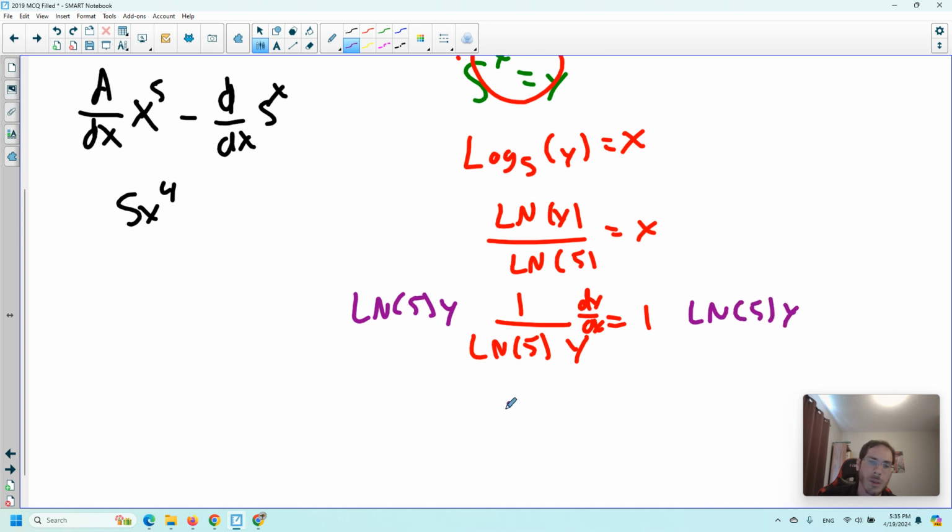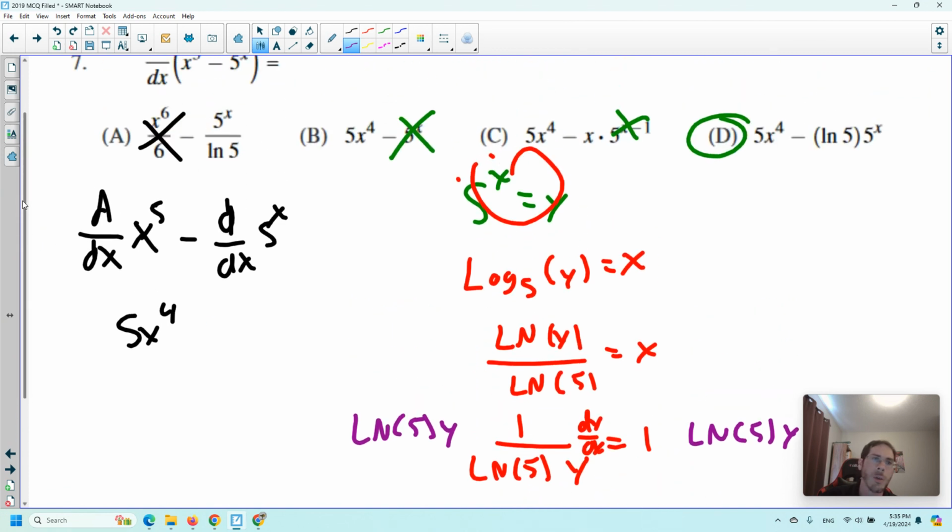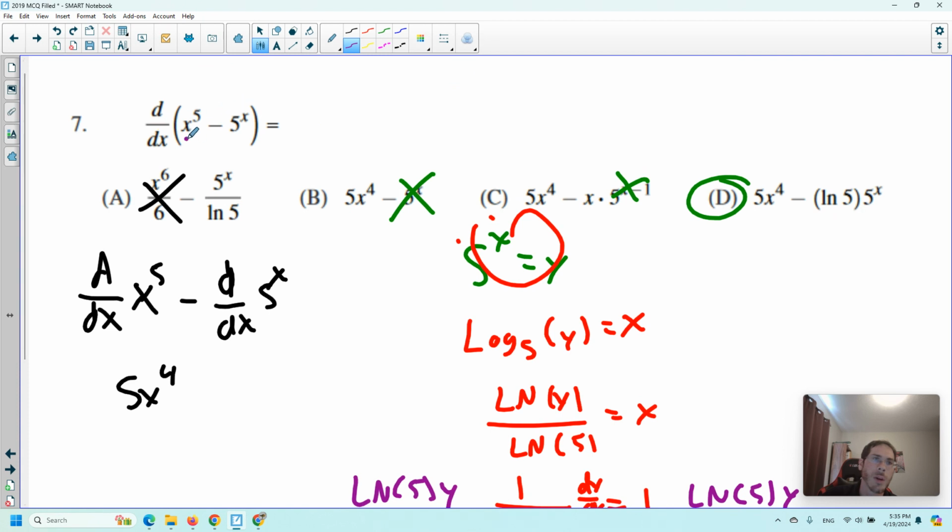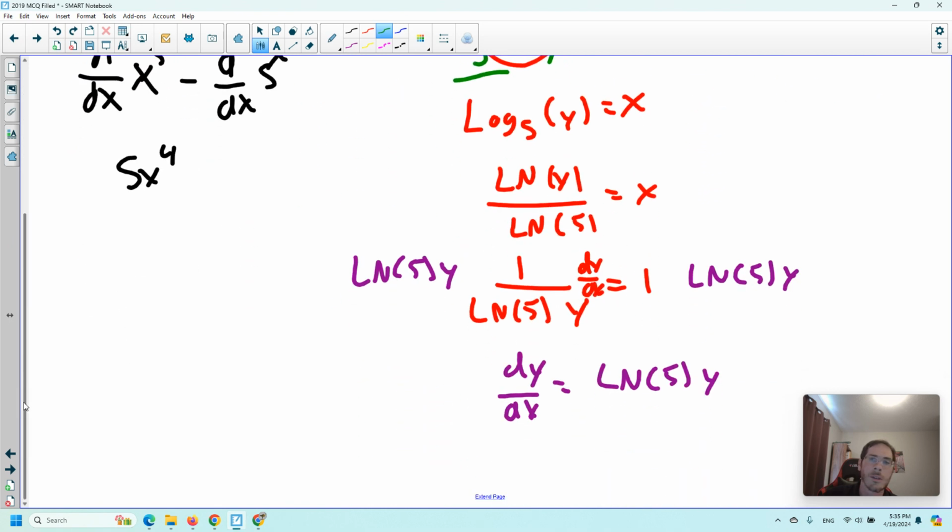So we get dy dx equals ln 5 times y. And we know what y is. Y is, oops, not the whole thing, since we just started with 5 to the x. So dy dx equals ln of 5 times 5 to the x.